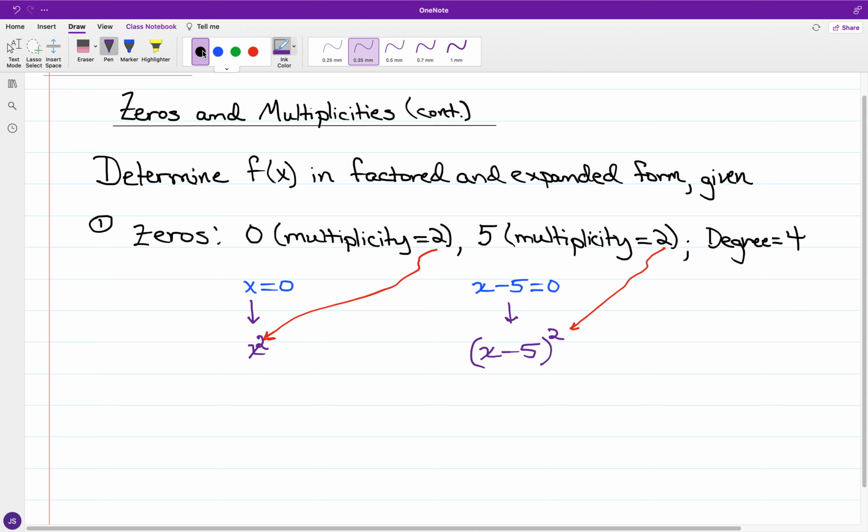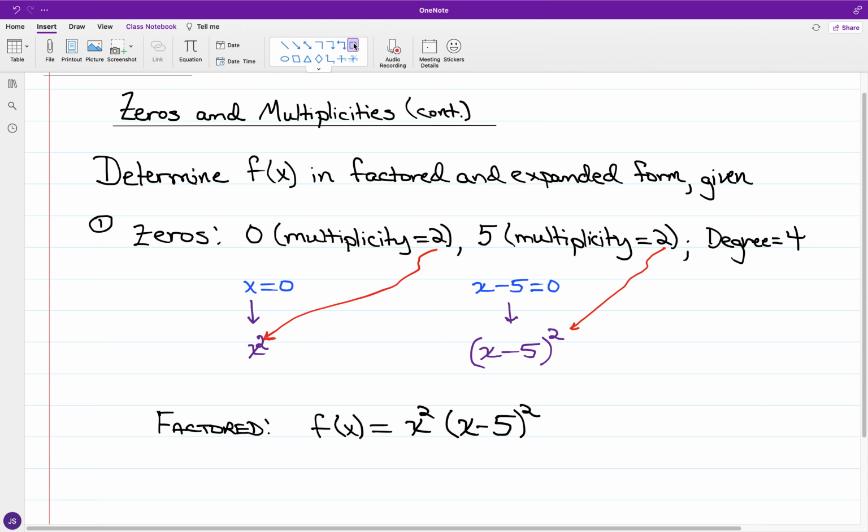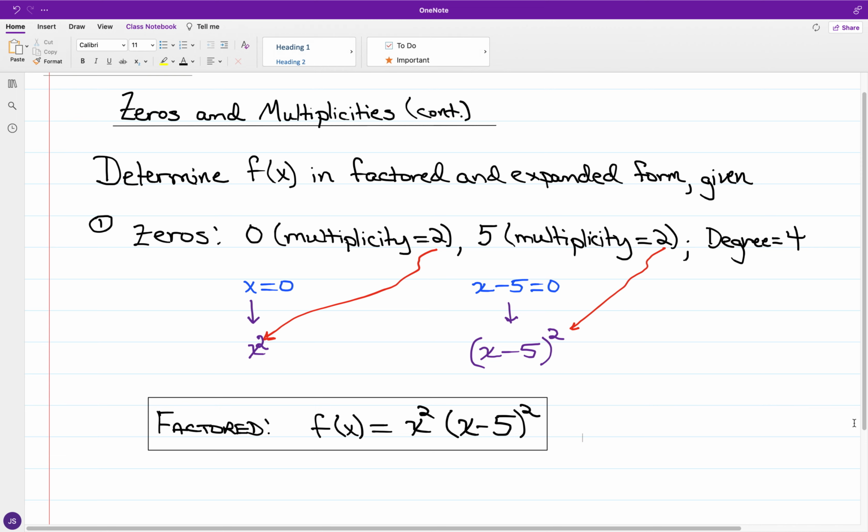So for the factored form, our polynomial is f of x equals x squared times the square of the binomial x minus 5. This is a factored form of the polynomial with the given zeros and corresponding multiplicities.